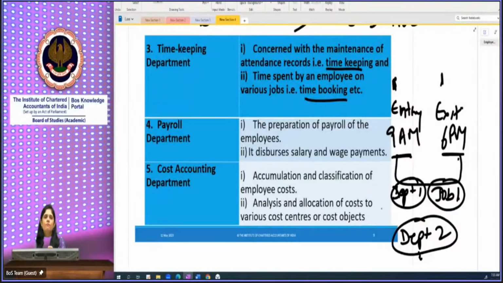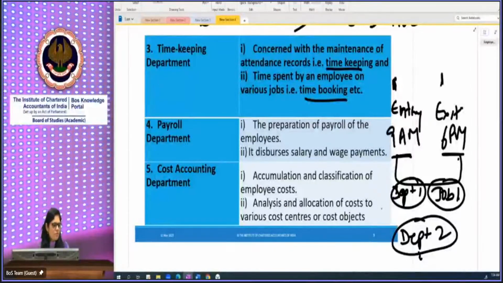Whenever I'm explaining apportionment, it is a cost accounting word, but I'm using it. What is the meaning of apportionment? We divide it, we share it. So I'm using simple English terms along with the cost accounting terms so that you understand. Because it's a central medium, we should use a common language. But I'm using simple vocabulary also, simple English words, so that you understand what exactly I'm trying to explain.